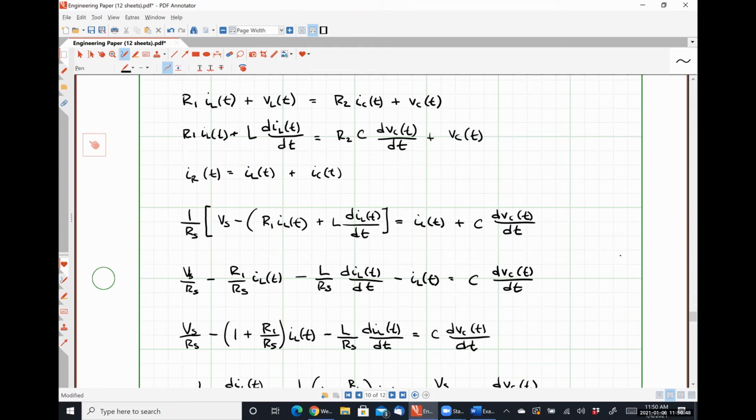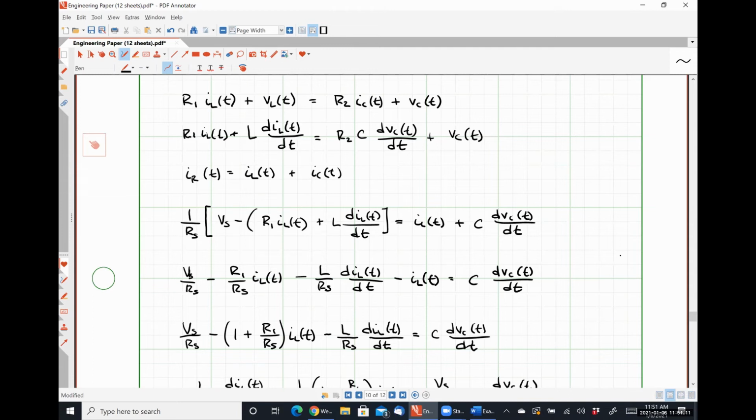And then I could take the derivative of that relationship. So I would have the second derivative of Vc in terms of IL equal to another representation of the second derivative of Vc where everything is in terms of IL as well.